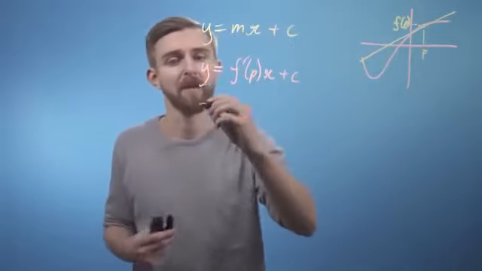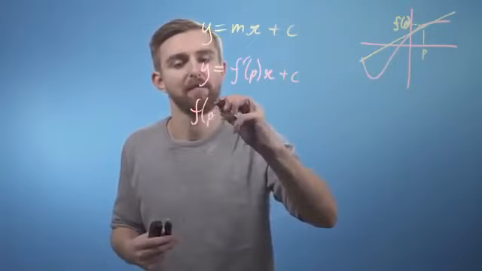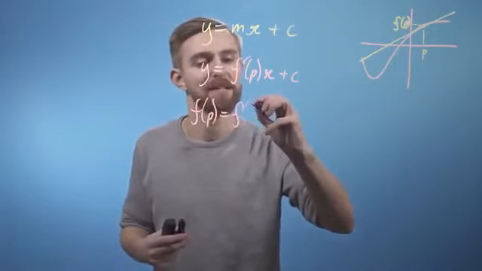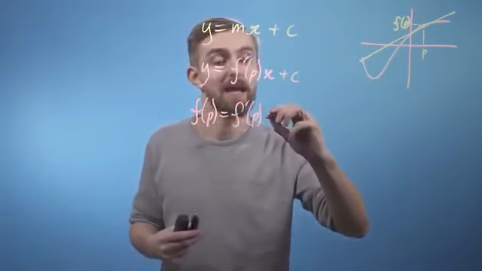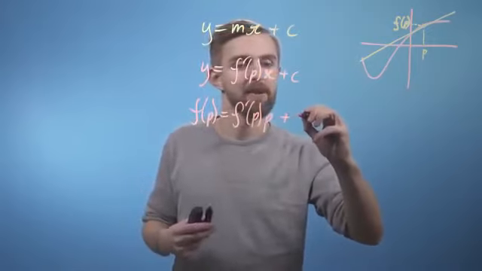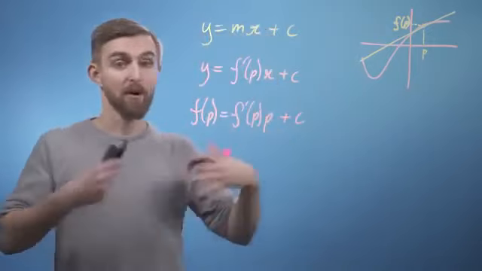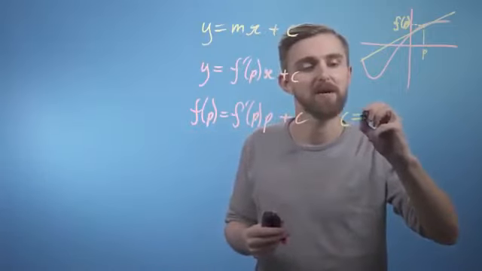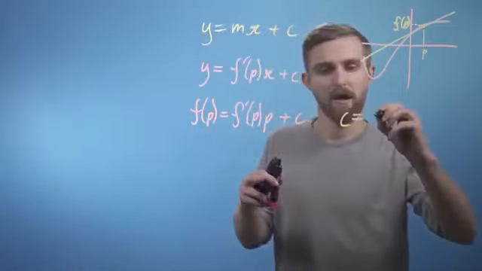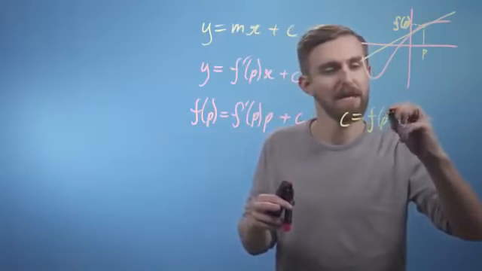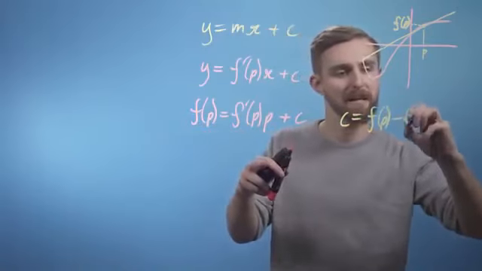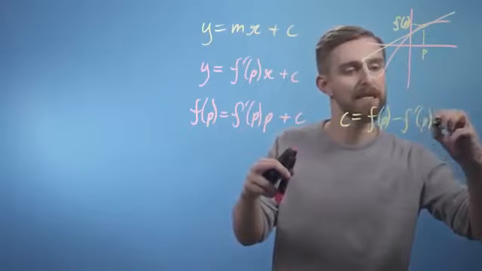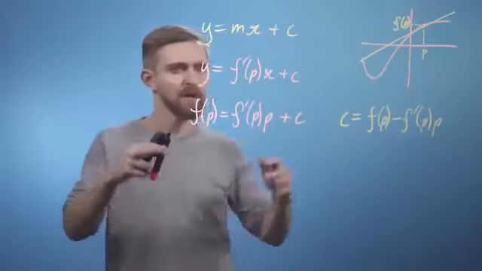So we just sub these in. f of p equals f dash of p times p plus c. Rearranging for c, we can just see that c is going to equal f of p minus f dash of p times p.